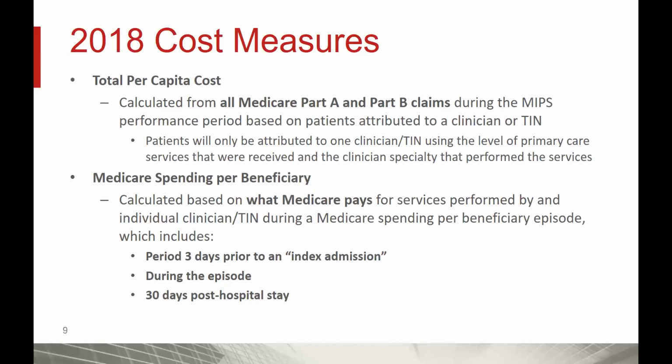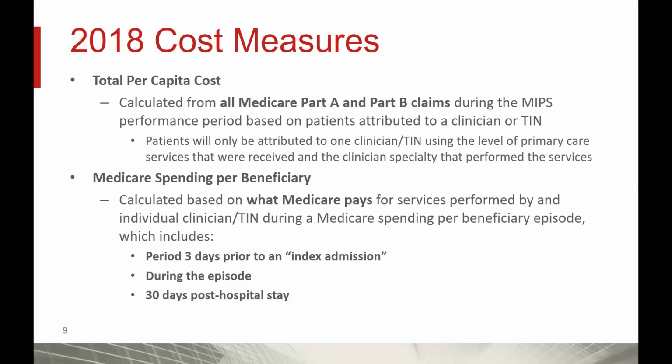The Medicare spending per beneficiary cost measure is a little bit different. It's calculated based on what Medicare pays for services performed by an individual clinician or a tax ID during a Medicare spending per beneficiary episode. So different than the total per capita cost, this is limited to a particular episode, whereas the total per capita cost measure is measured over the entire performance period.